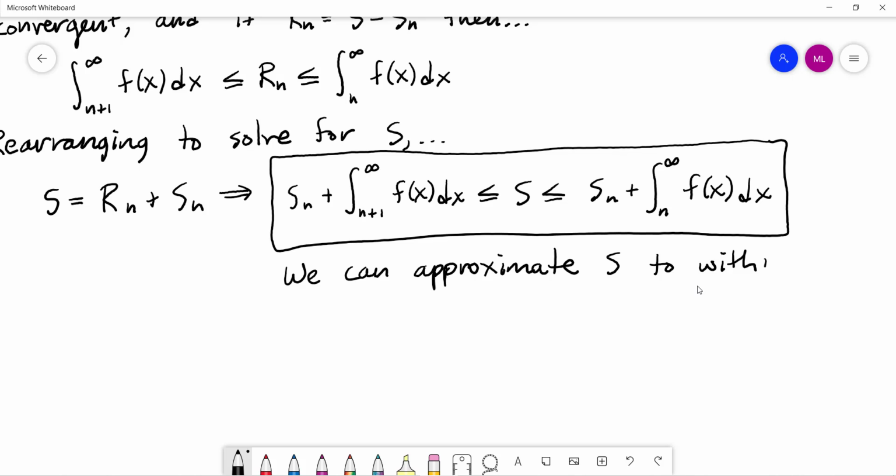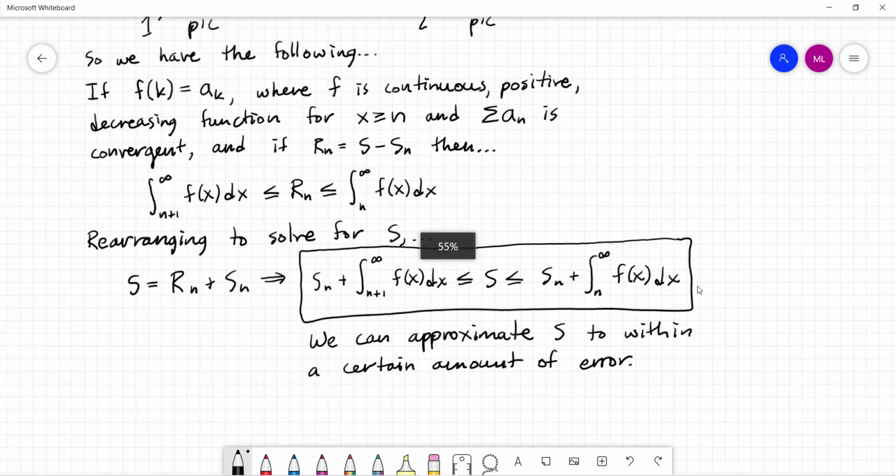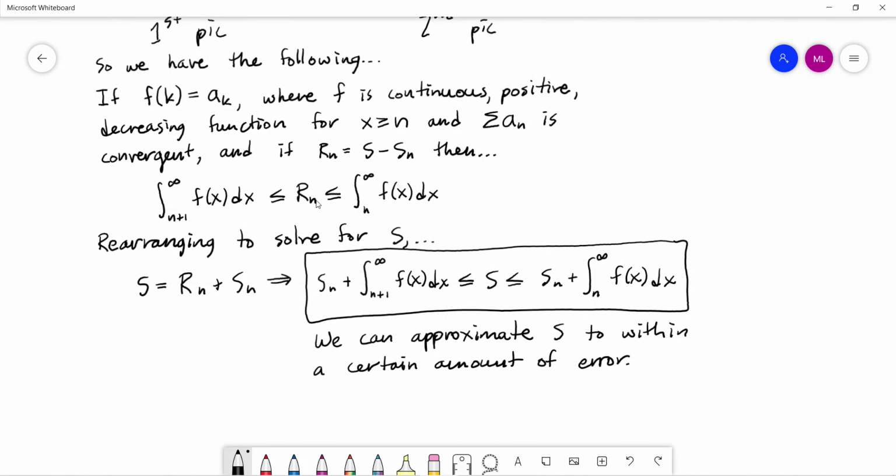We can do so to within a certain amount of error. And how big is that error? That error is basically our remainder. This is the idea: S is going to be approximated by S sub n by adding up the first n terms, and there's going to be some error involved. The error is whatever the remainder is.